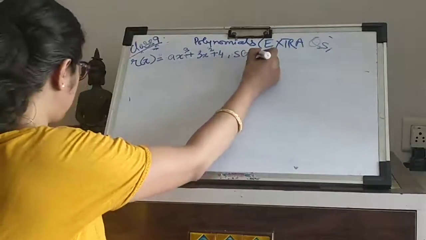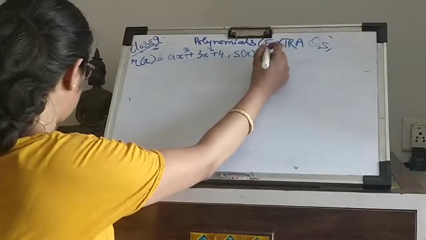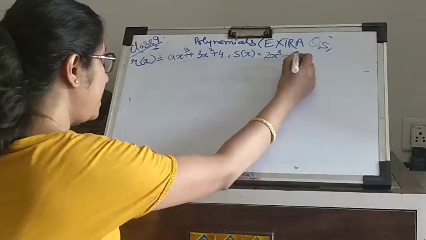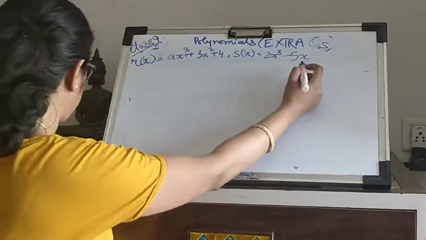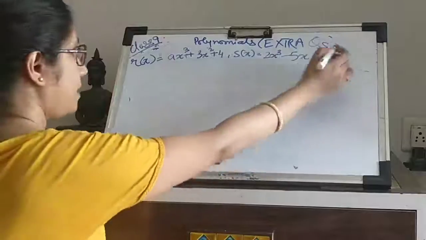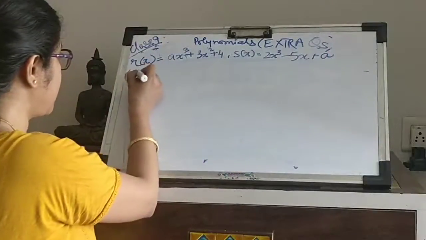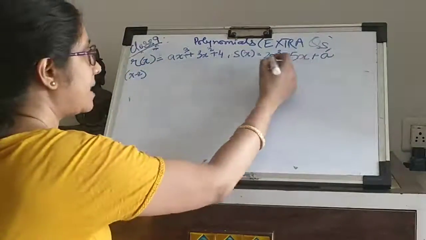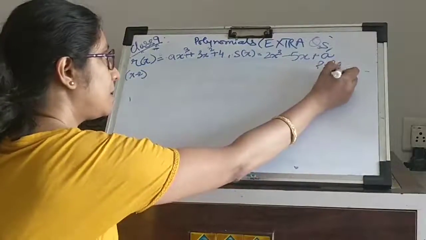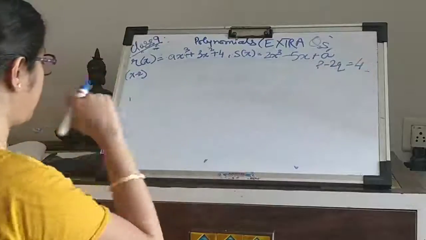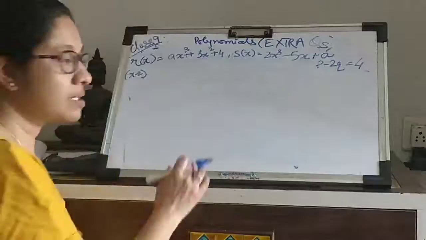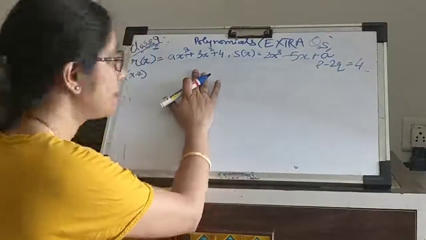S(x) given to us was 2x cube minus 5x plus a, and the divisor is x minus 2, and the extra relationship that was given to us was p minus 2q is equal to 4. Okay, this is all what is given to us.